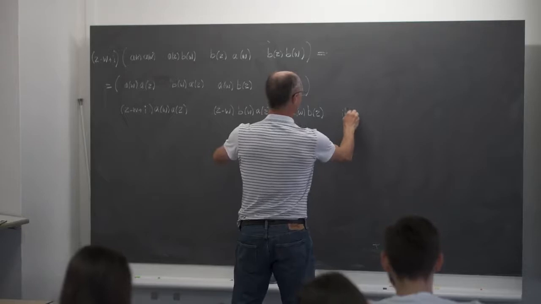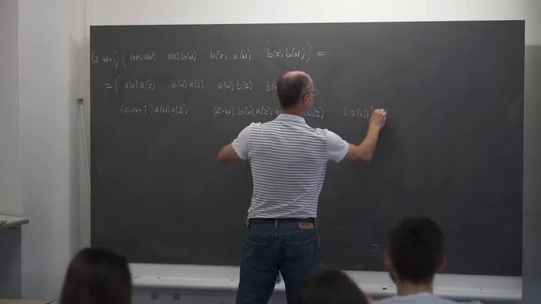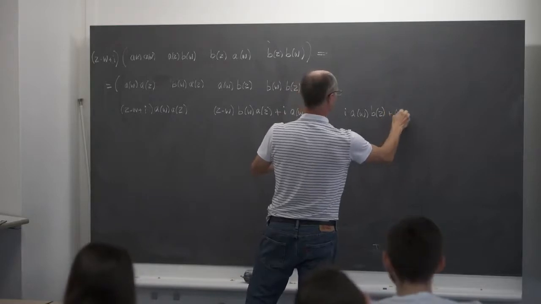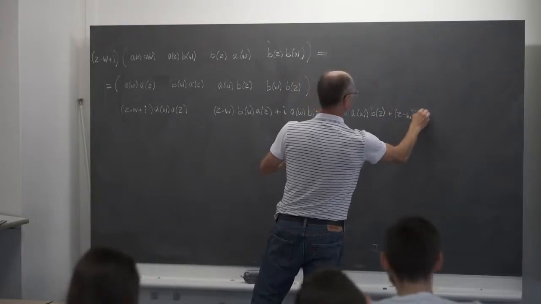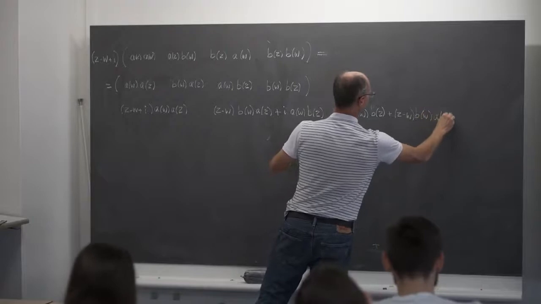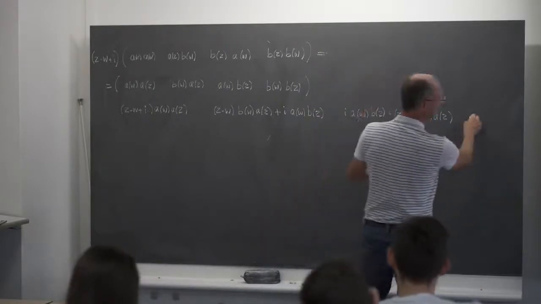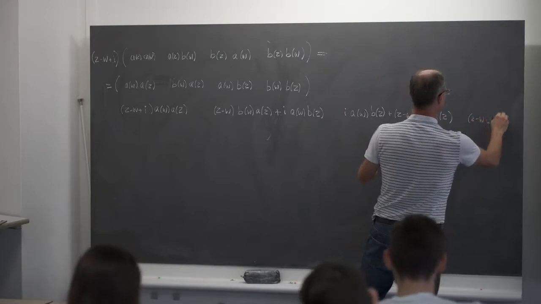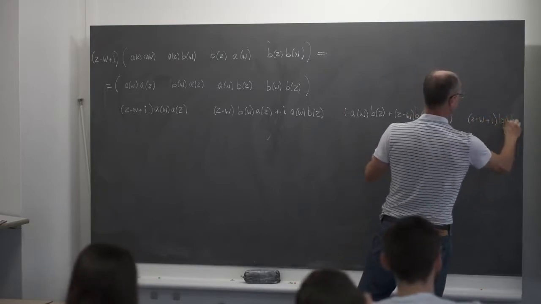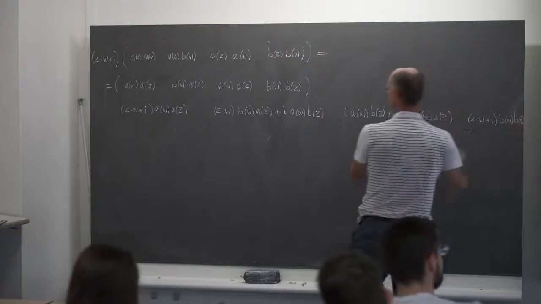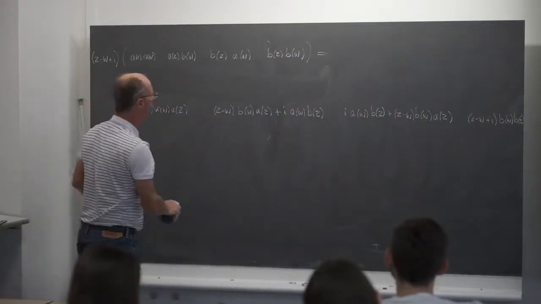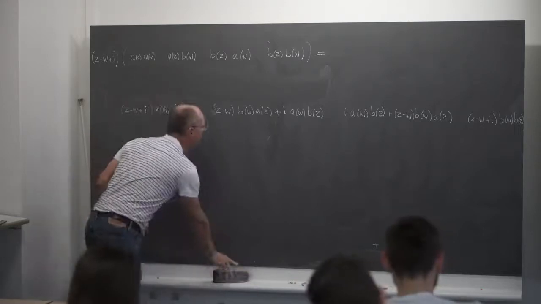Now I, A of W, B of Z, plus Z minus W, B of W, A of Z. And the last one is Z minus W plus I, B of W, B of Z. So in fact now I should erase this one, right?